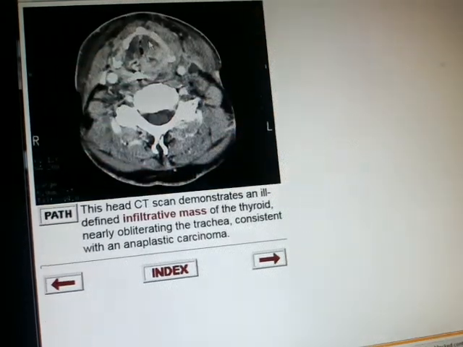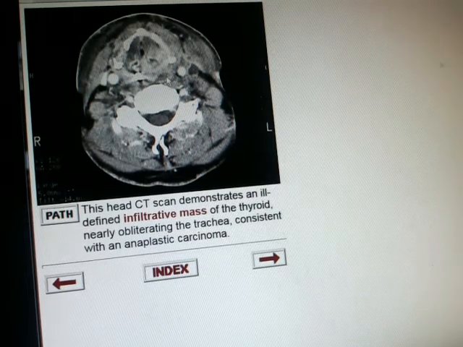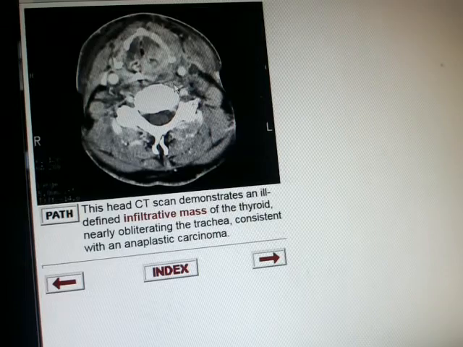Here is the CT scan. The trachea gets narrowed due to the pressure effect of the surrounding tumor, with both thyroid glands disfigured and infiltrated by the tumor mass. This is a case of anaplastic carcinoma.